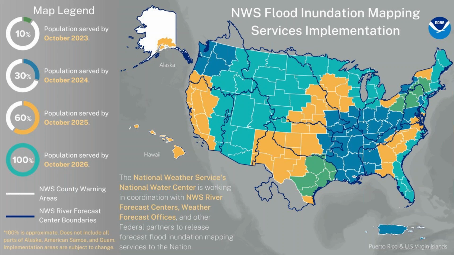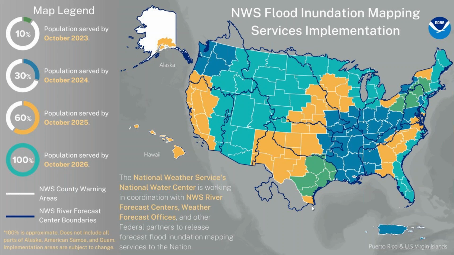The next area that we're going to be releasing these to in October of 2024 is the area colored in blue, basically connecting the two areas in green through the central portion of the U.S. right here, basically the Mississippi Valley area, and the northwest portion of the U.S. Then 60% of the nation will be by October 2025, and that's pretty much the remainder of the Texas region.